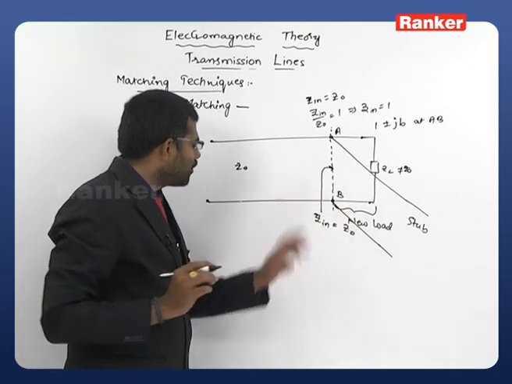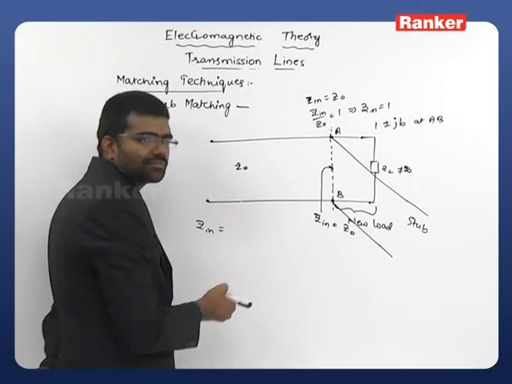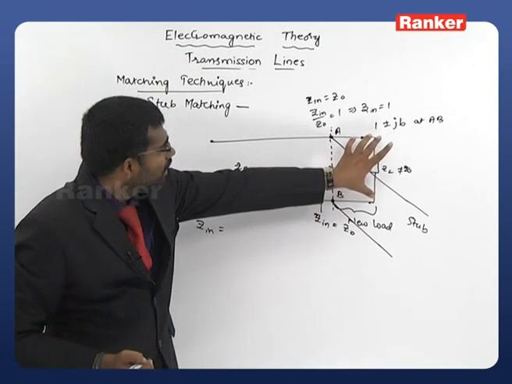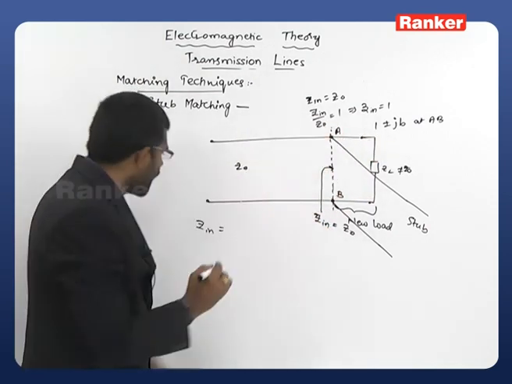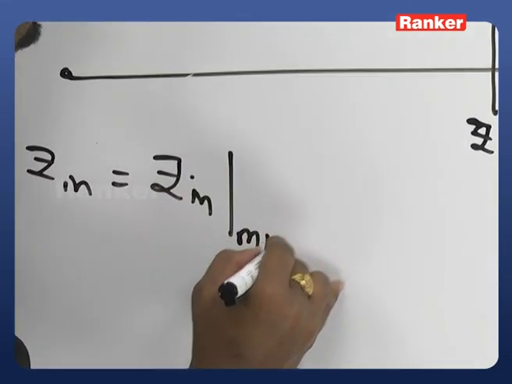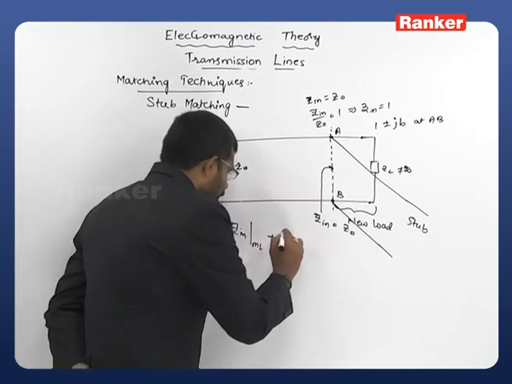Now, Zin I am calculating, right? So what is the input impedance? It is a combination of the input impedance of our main transmission line plus the input impedance of our stub.